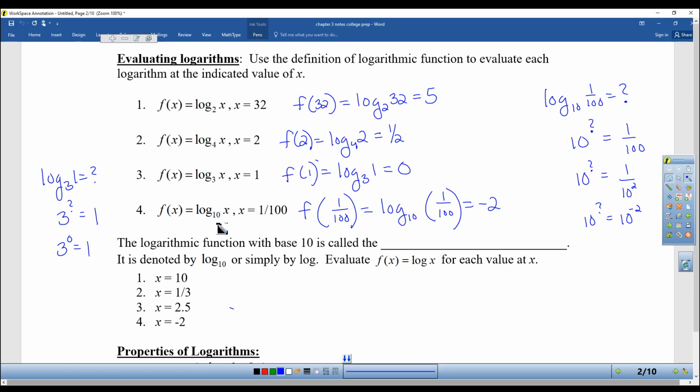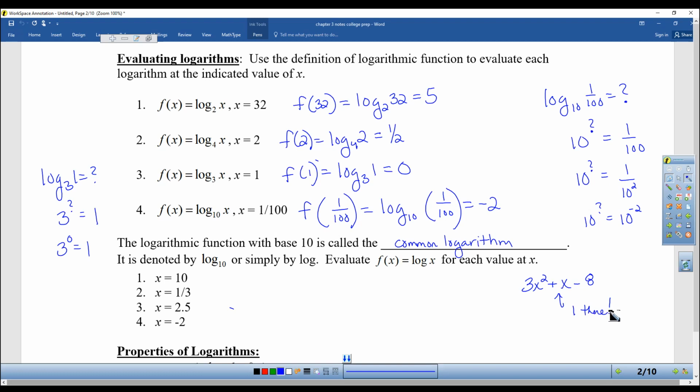So this log base 10 is, I was about to say so common. That's exactly what it's called. It is called the common logarithm. So just like when you have 3x squared plus x minus 8, what number is in front of that x? There's a 1 there.